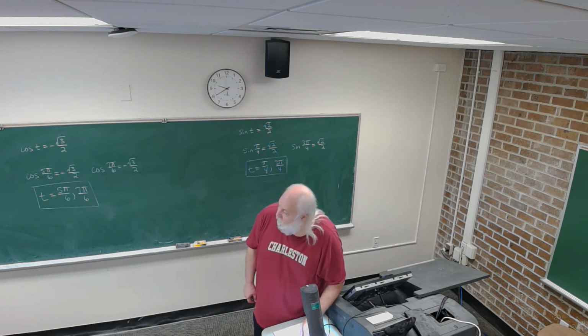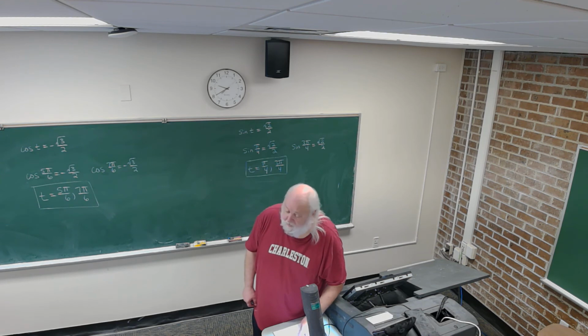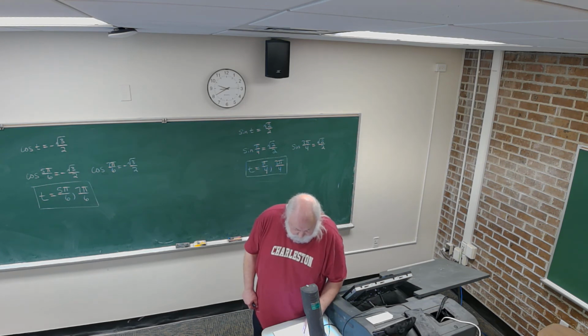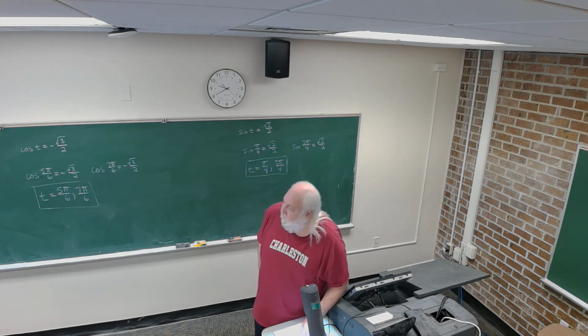Well, when we shift the entire graph to the left pi over 2 radians, we end up with the graph of cosine x, y equals cosine x. So it turns out that the transformed graph of the sine function, y equals sine of x plus pi over 2, is the graph of y equals cosine x.